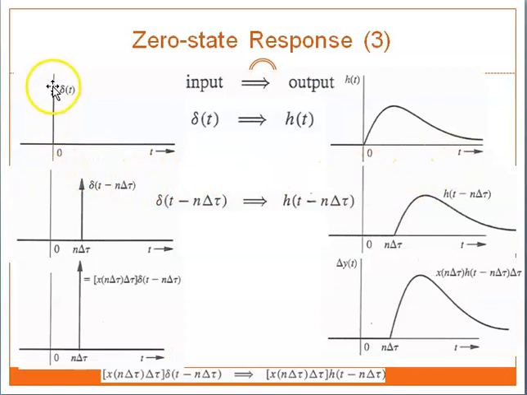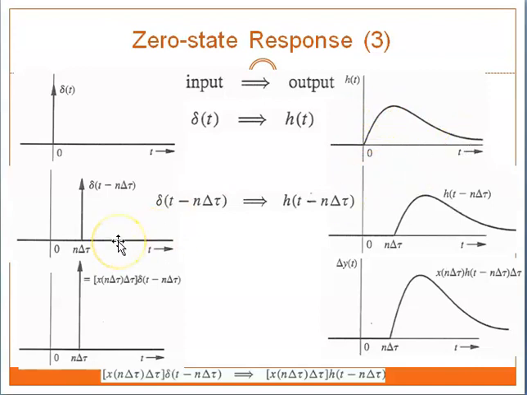This is an impulse occurring at time equal to 0. That's the input, and it will yield an output h(t) that will also start at 0. So this is the output.